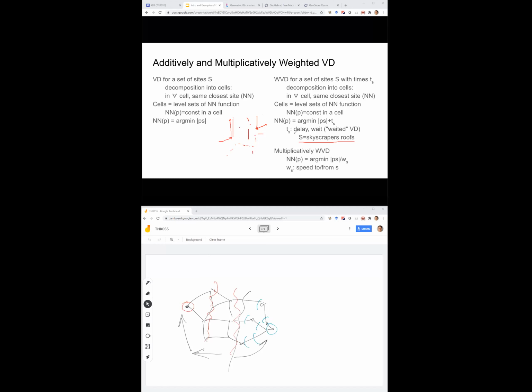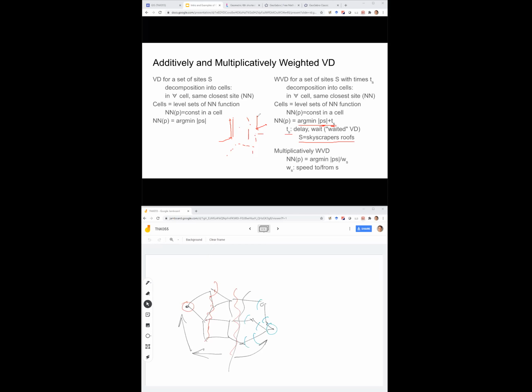And well, going up every skyscraper involves some delay, some time. And so you want to decompose the plane into cells so that in every cell, this thing is minimized: the time to travel to the skyscraper plus the time to travel up the skyscraper.